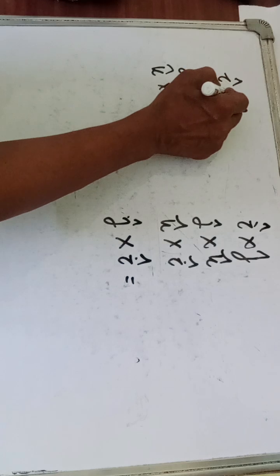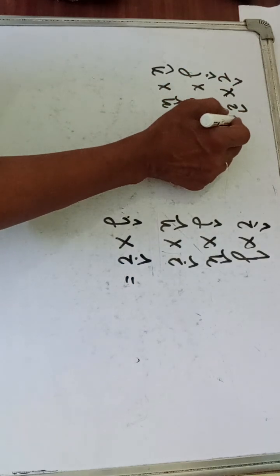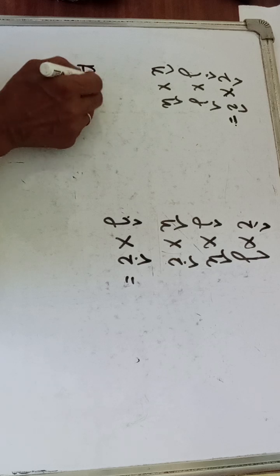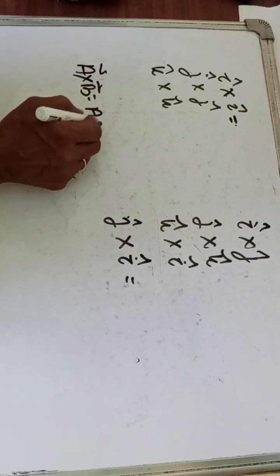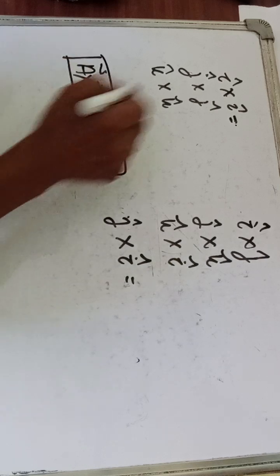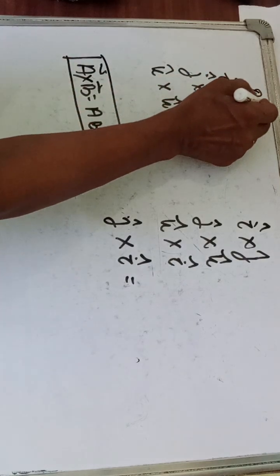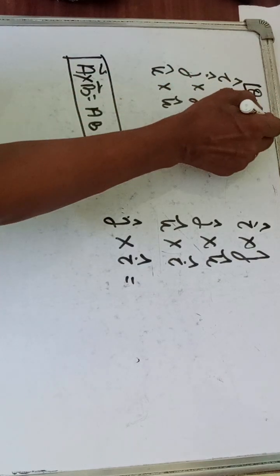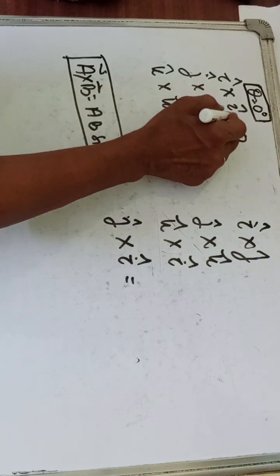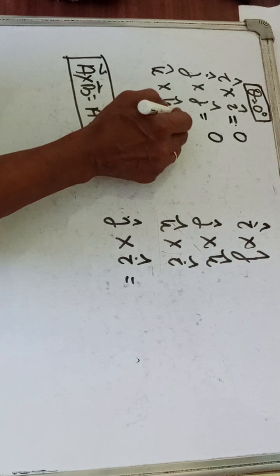Now i cross i: we know A cross B is equal to the magnitude of A, magnitude of B, sine of the angle between them. Here theta is equal to 0. Sine theta is 0, which means in all cases it will be 0.